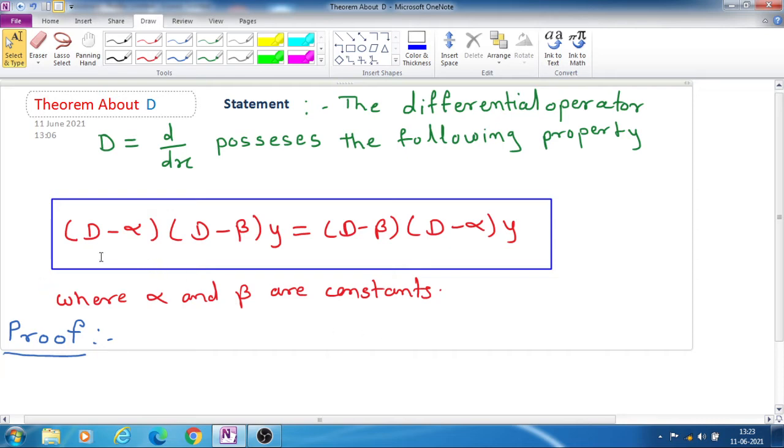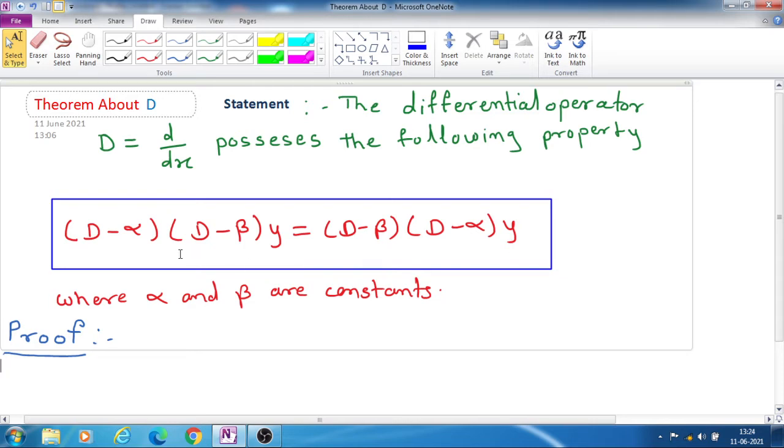That means if D is an operator, and you know that capital D stands for d by dx, then if we take two brackets (D minus alpha) and (D minus beta), and operate them on y, that value is equal to the value we obtain by operating (D minus beta)(D minus alpha) on y.